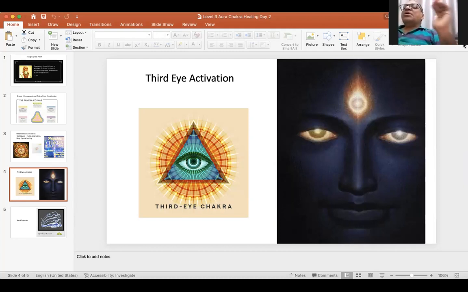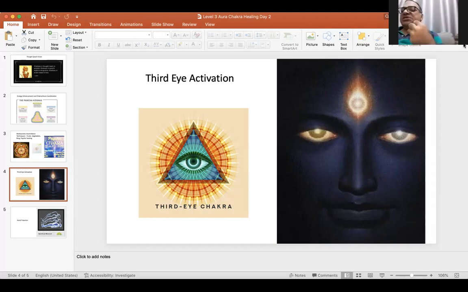These are also important points for the flow of energy and the activation of the third eye, because the Kundalini has to reach the third eye to open and activate it. So we have to have a very stretched, nice, relaxed way of sleep, which is also important for the third eye activation.